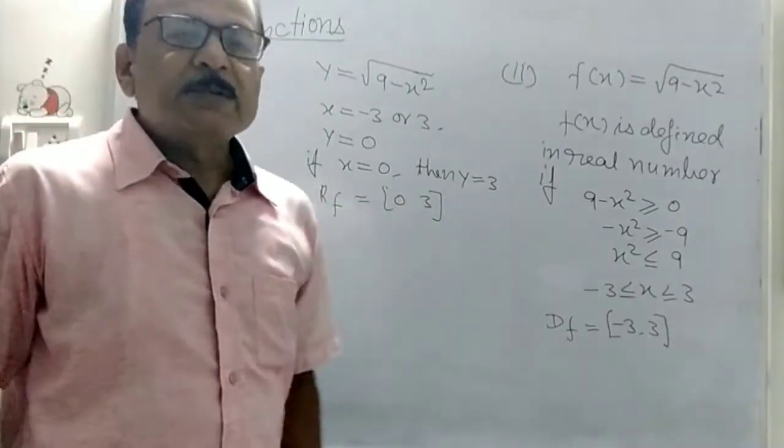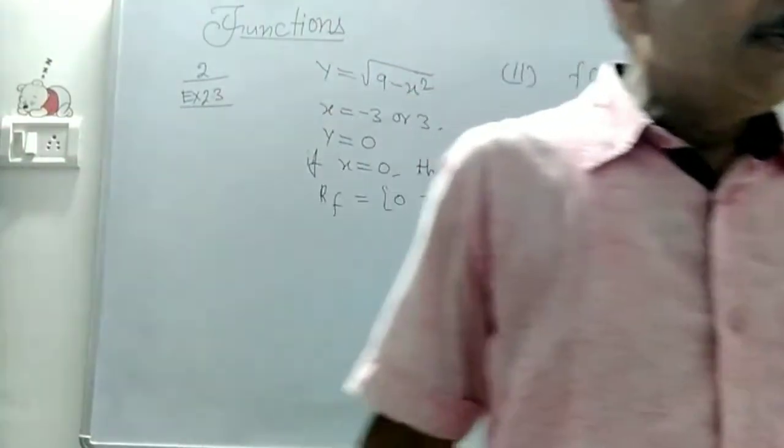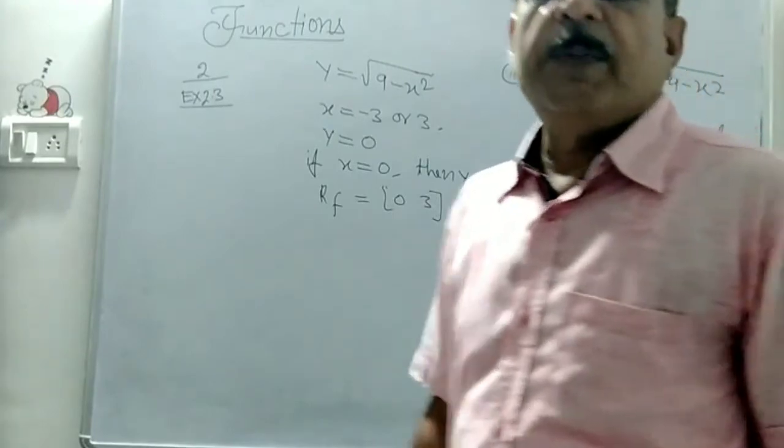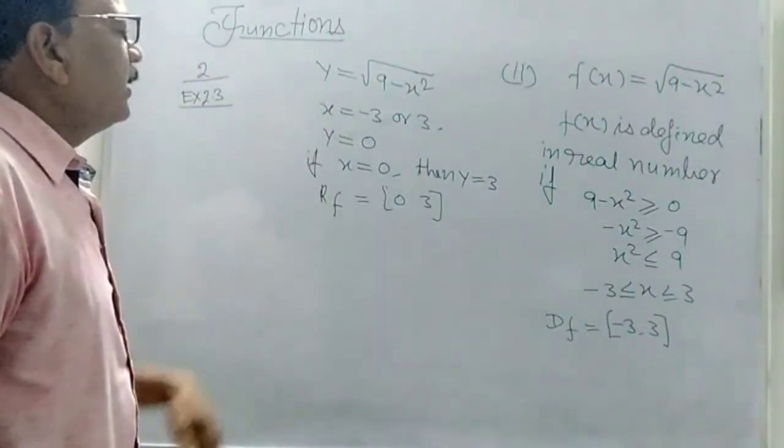The range of the function is 0 to 3. So this is the range and this will be the domain. In this way we can find the domain and range.